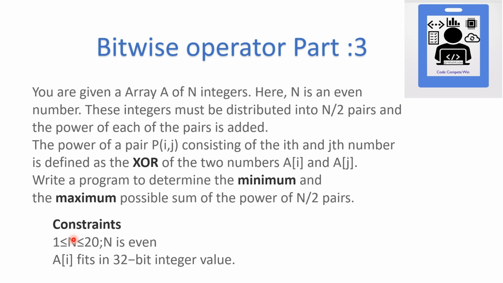As we pair up the elements, we mark the corresponding bit as 0, and at the end, when all bits of the integer become 0, we can return our answer.